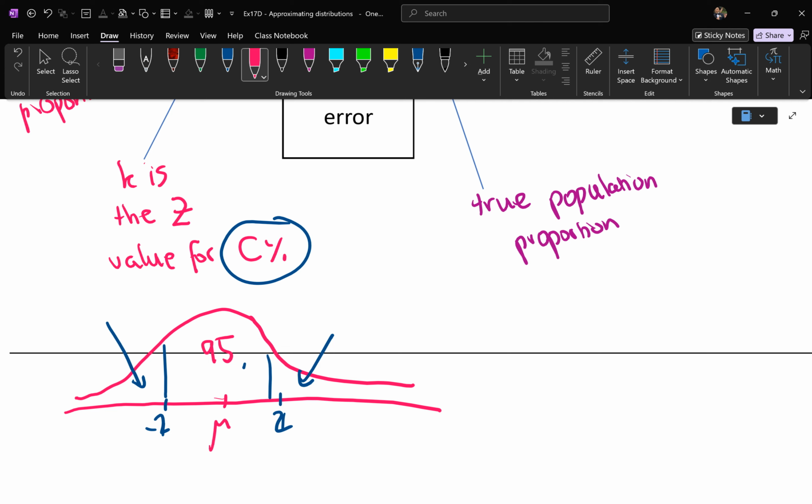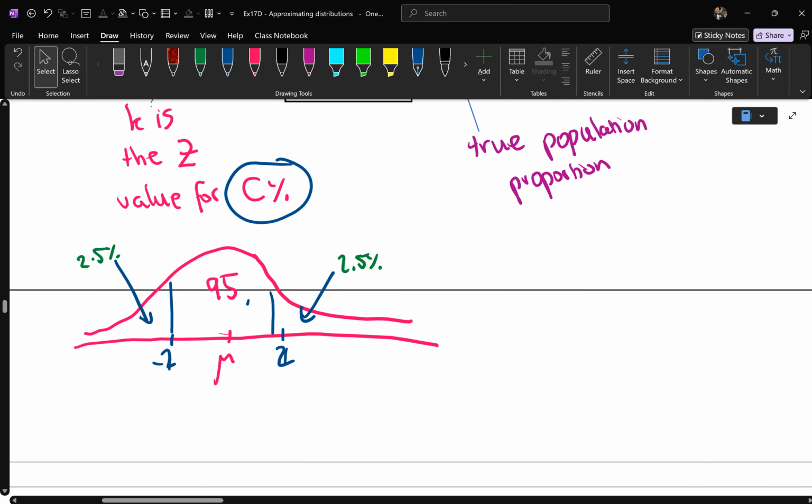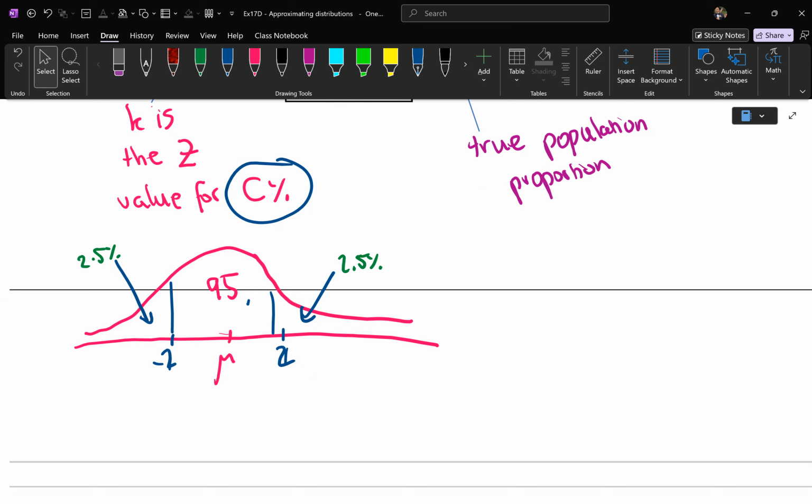What's the area in these two regions? 2.5% each, because if 95 is here, there's 5% left over and it's symmetrical, so each one has to be 2.5%.